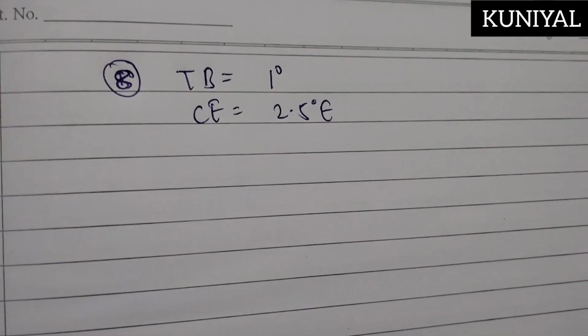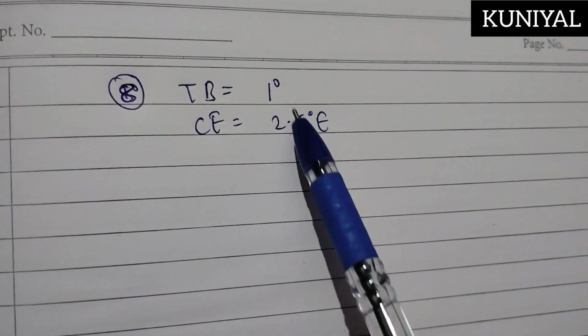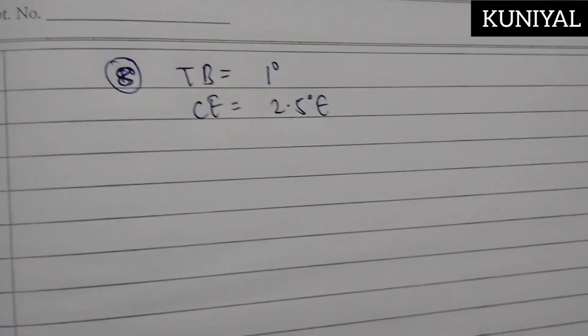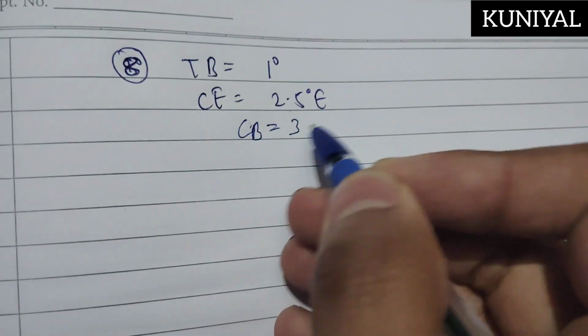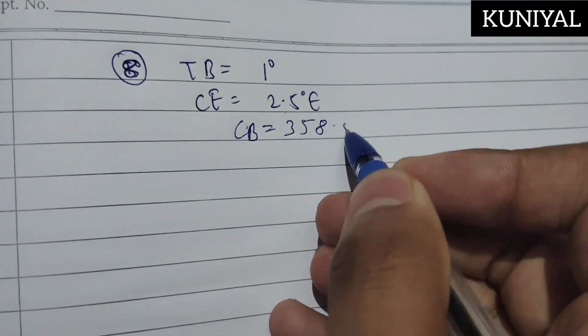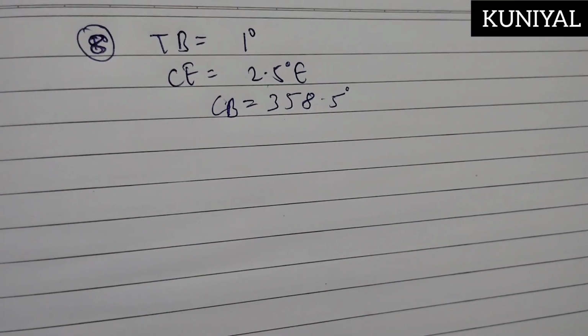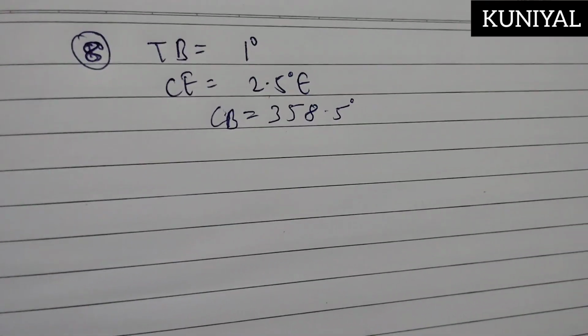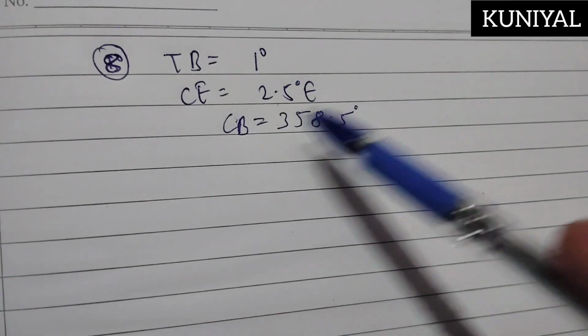Compass will be least for east error. So subtracting this from it, we will get compass bearing equal to 358.5 degrees. And if you do it by the diagram method, it will be easy for you, because here in compass error east, you will get confused.